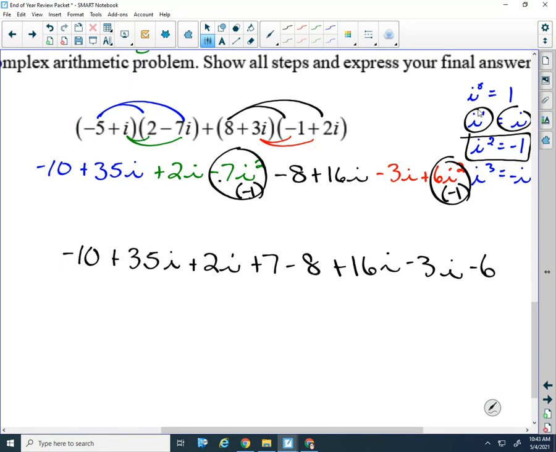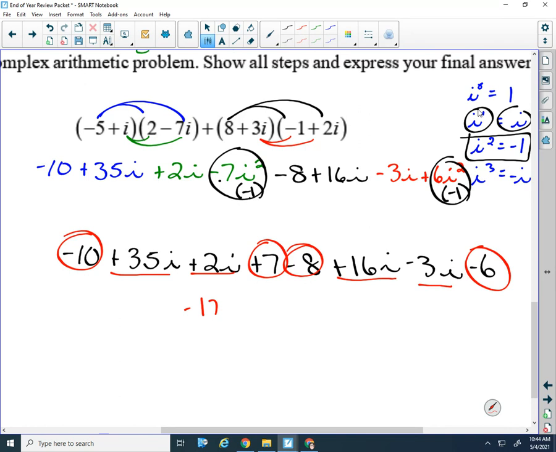So now I'm going to combine all of my constants, my plain numbers. And I get, I believe, negative 17. And now combine i's: 35i plus 2i plus 16i minus 3i. That doesn't seem right.